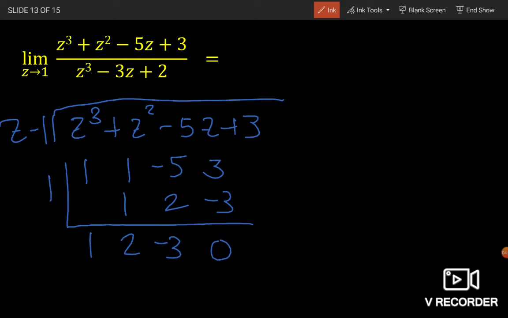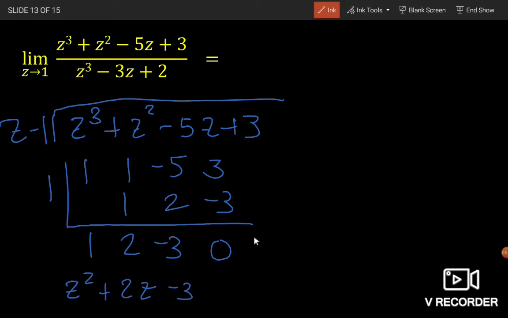So therefore, since z cubed is your highest power, your quotient will have z squared, which is one power lower than the highest power of your original expression, plus 2z minus 3. Take note that there is no remainder.